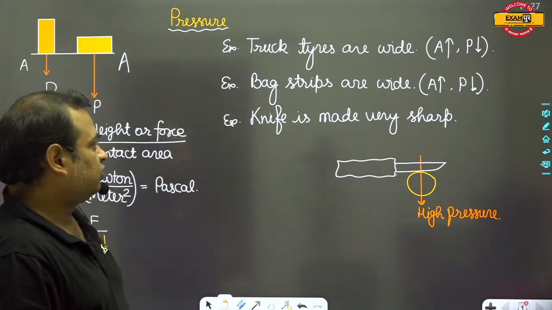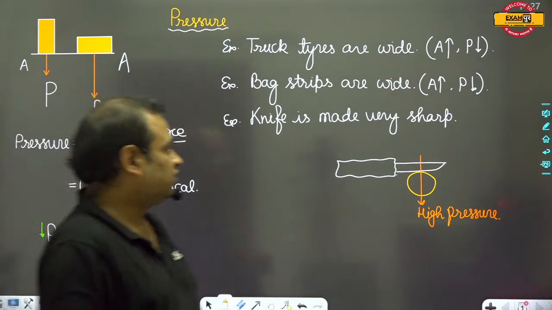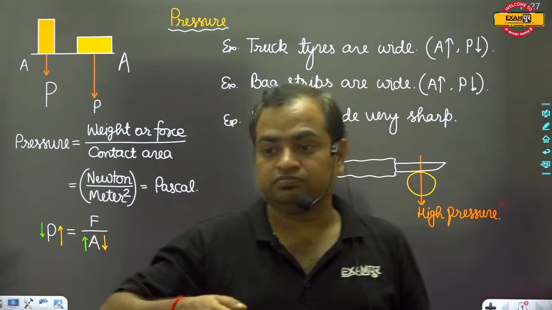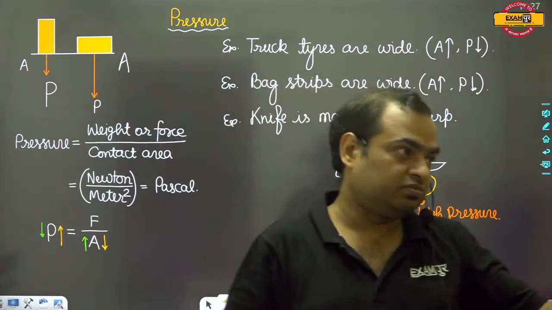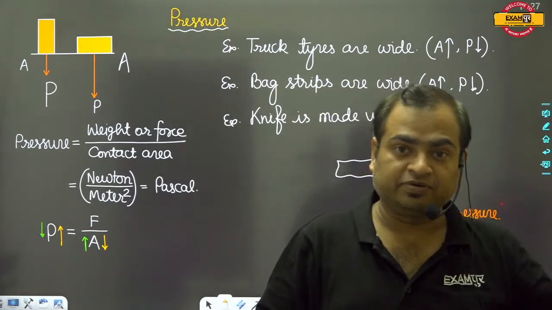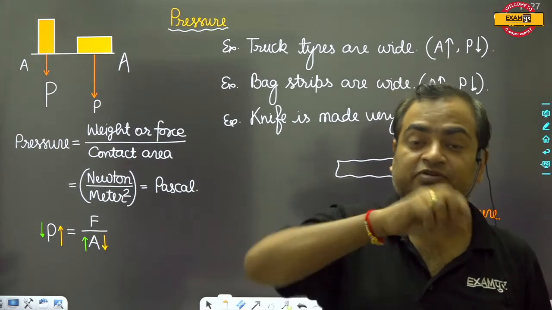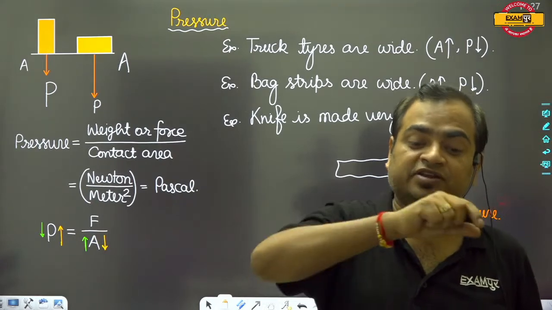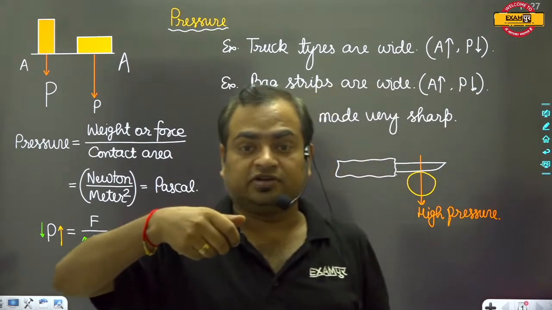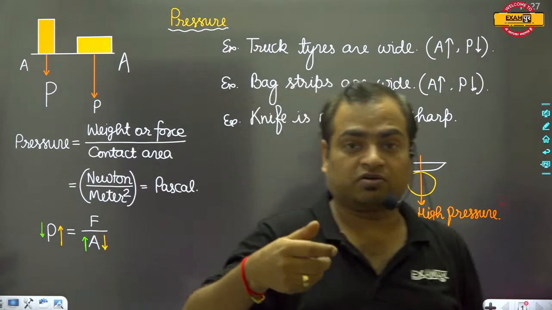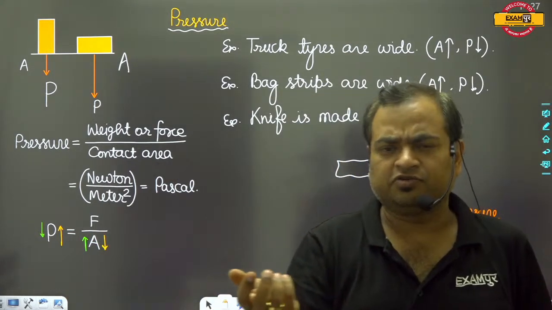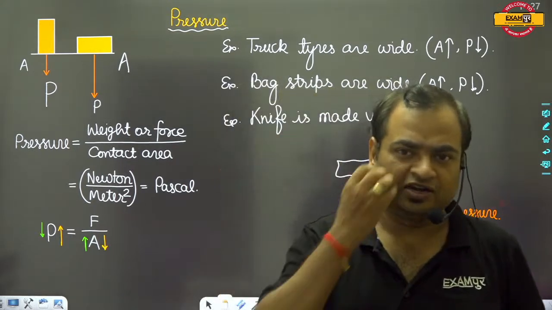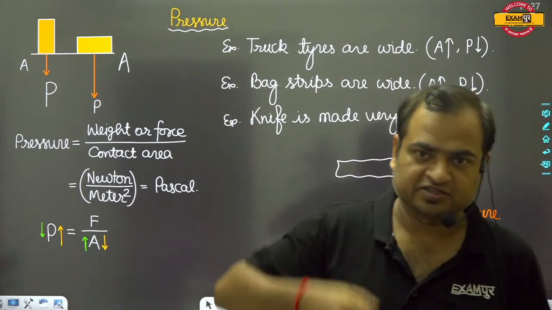Actually, we have also observed this. In my childhood I used to bring water from the hand pump. The handle of the bucket was very thin, and the total weight of the water in the bucket was approximately 25 kg. It is a very heavy weight for a child to pick up.